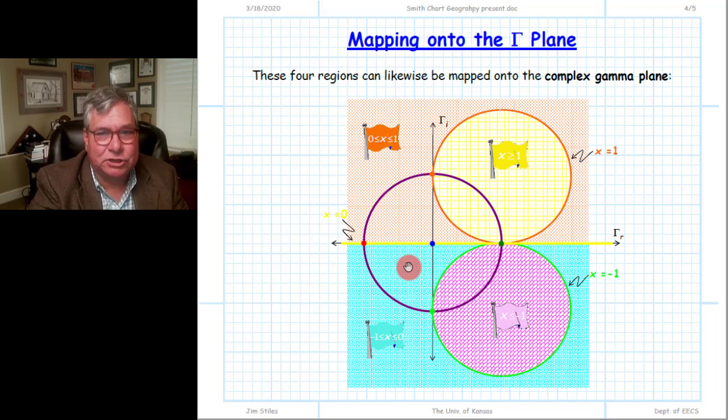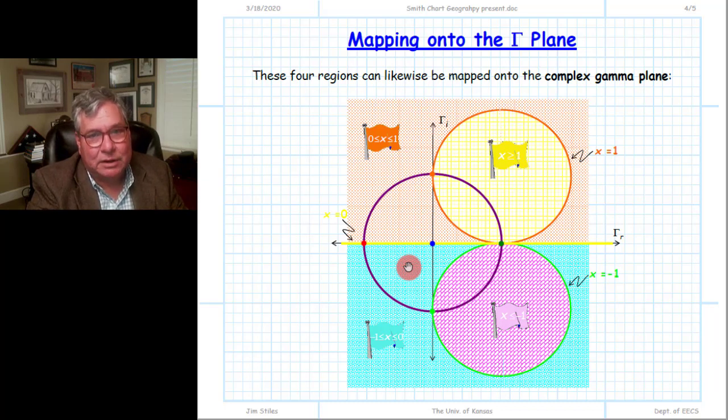The capacitive region of the complex gamma plane is likewise the region below the horizontal axis, below the real axis, where all of the negative reactances map onto the complex gamma plane. So the blue region and this purple region lie below the horizontal axis in the capacitive region.